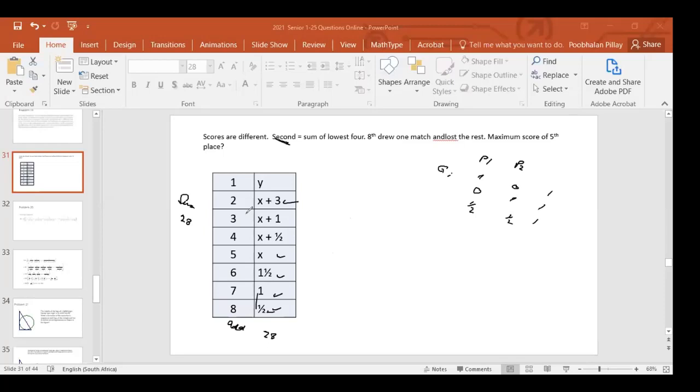You want X to be as large as possible. So you have Y plus the 4 X's, and 3 plus 1 is 4, 4.5, plus 3, 7.5. That's equal to 28.